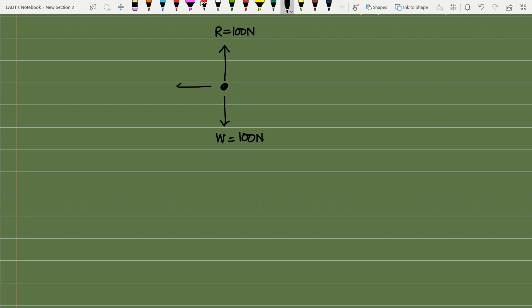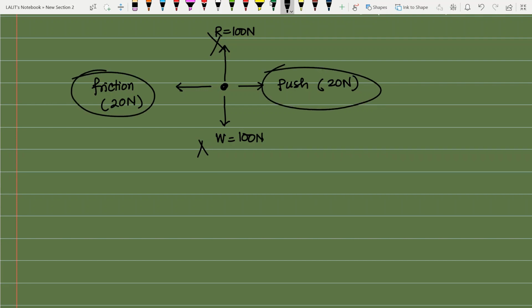In this direction we have got friction, which is 20 Newton, and in this direction we have got push, which is 20 Newton. The upward and downward forces are cancelling, and the friction and the applied force also cancel out each other. So the net force acting on the rock becomes 0.